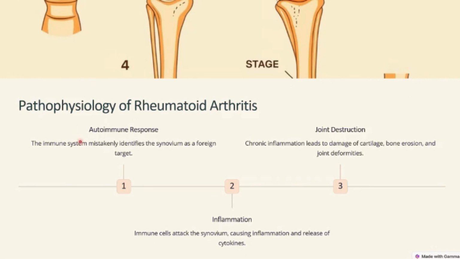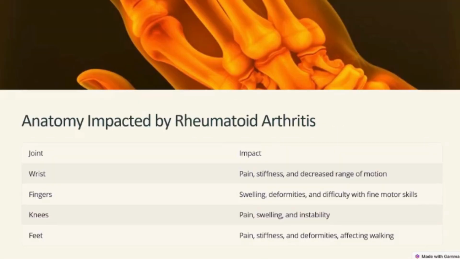In the autoimmune response, the immune system mistakenly identifies the synovium as a foreign target. The immune cells attack the synovium, causing inflammation and release of cytokines. Then in joint destruction, chronic inflammation leads to damage of the cartilage, bone erosion and joint deformity.